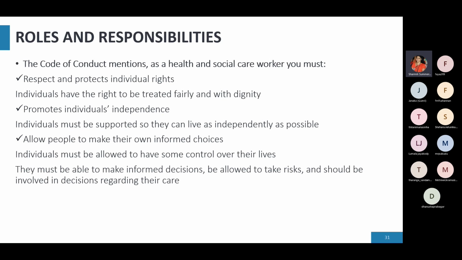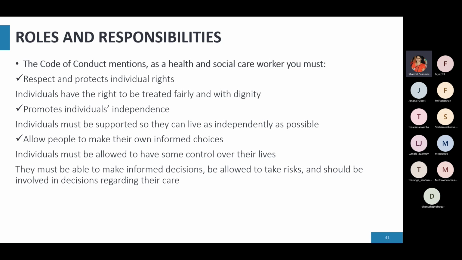With good communication, we can help them understand, and then if possible, we can change. But the major thing is we need to accept their ideas, thoughts, and choices, and we need to respect them.